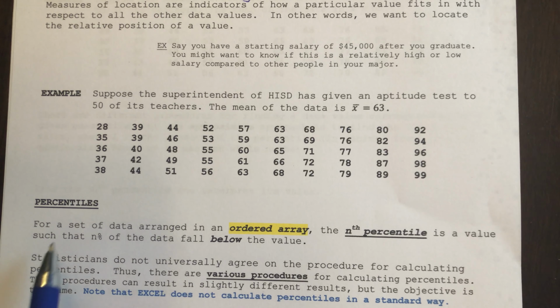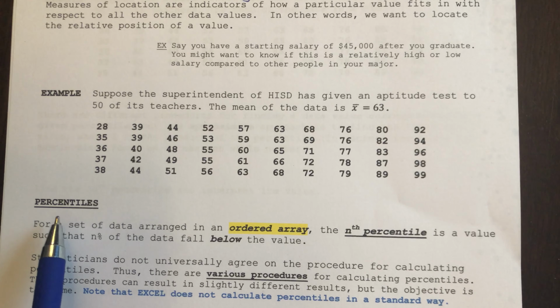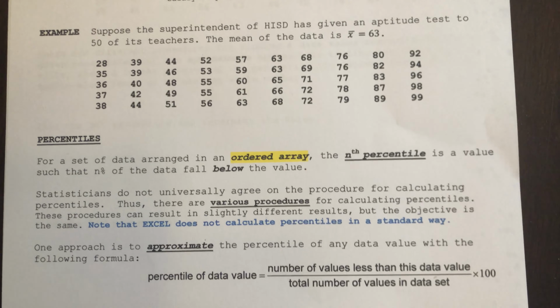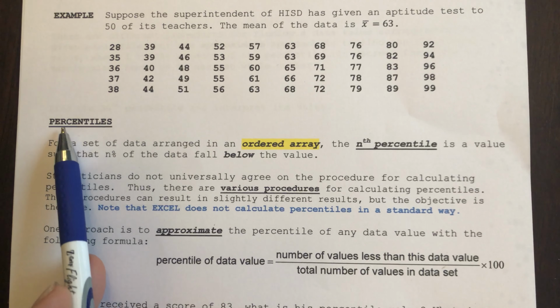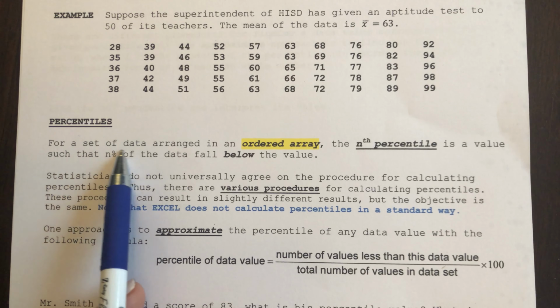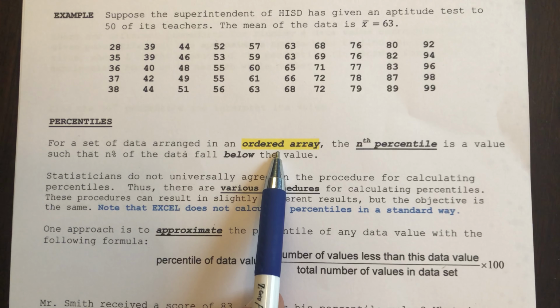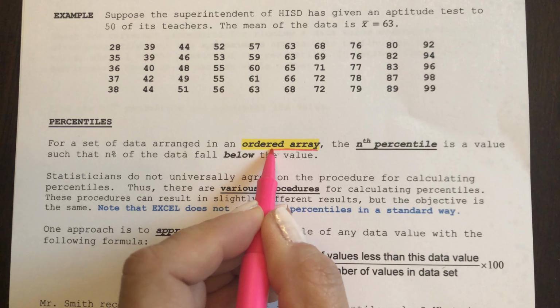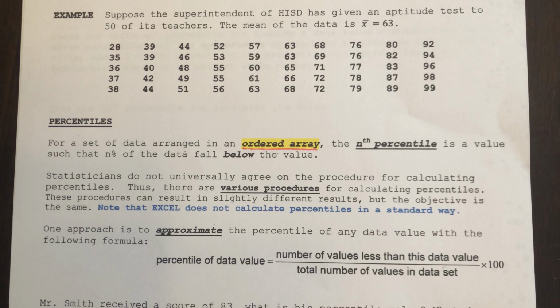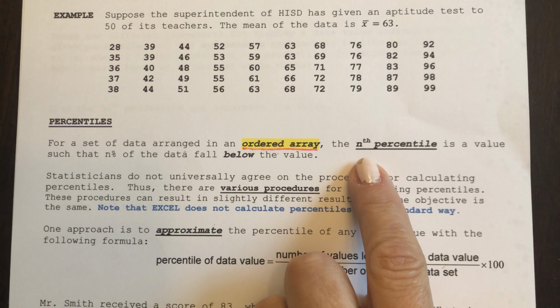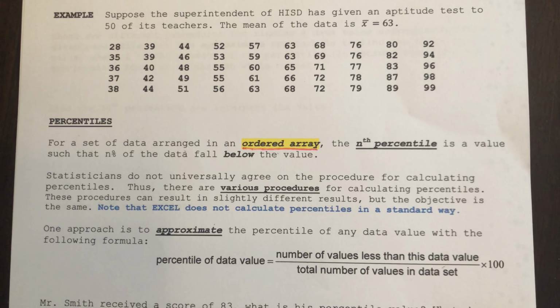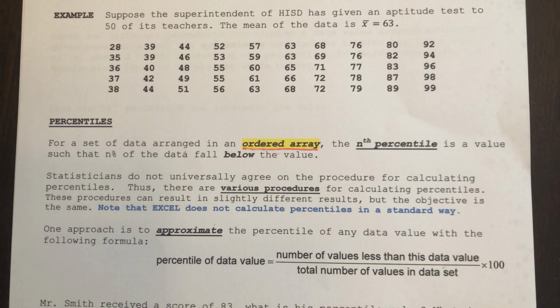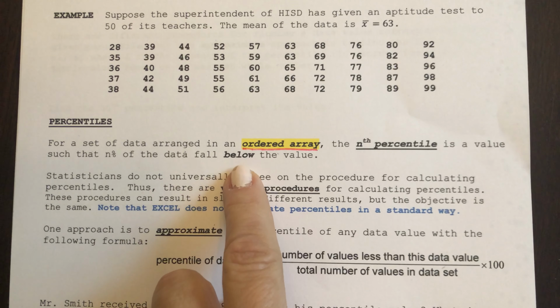Now, the first measure of position that we're going to look at is called a percentile. After you've put your data into an ordered array, and this is something people forget a lot, so don't forget the data must be in an ordered array, then the nth percentile is a value in your data set such that n% of the data fall below that value.